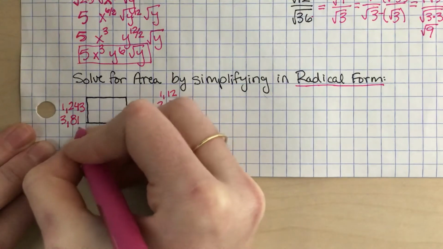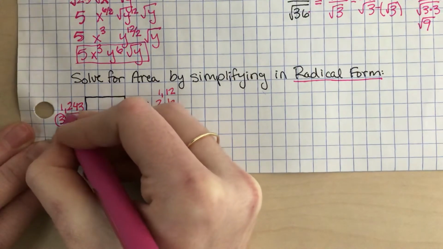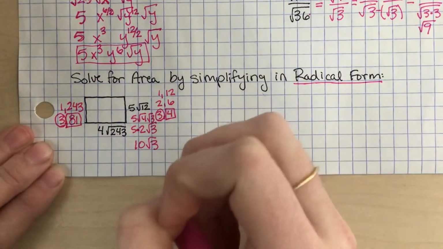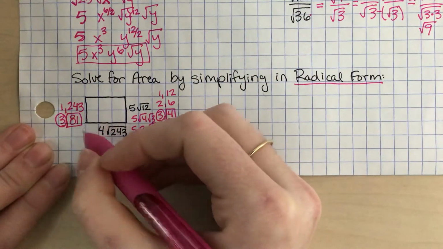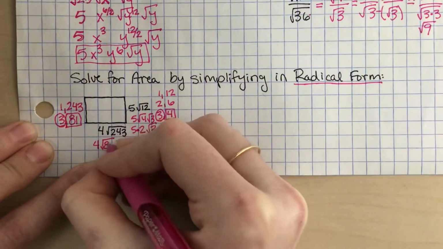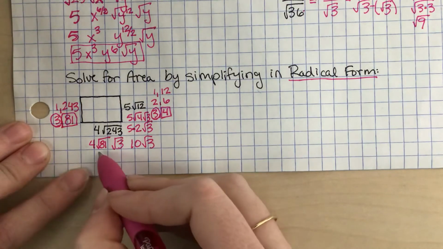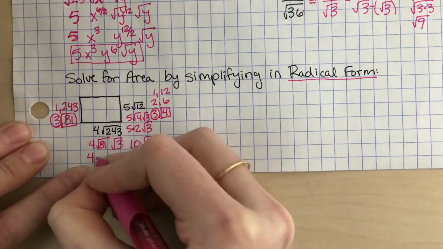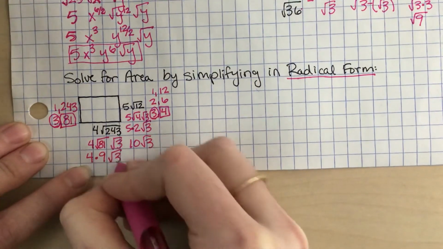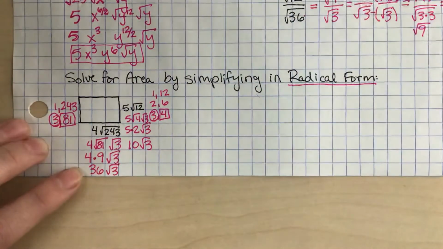Now, I don't need to go any farther because we've said 3 is a prime number and 81 is actually the square of 9. So 9 squared would give me 81. So I would write this as 4 times the square root of 81 times the square root of 3. Now, the square root of 81, I said, is 9. And 4 times 9 would give me 36 and the square root of 3.